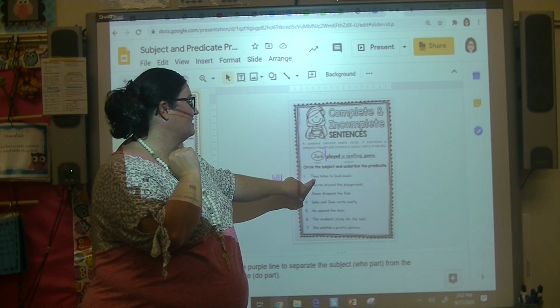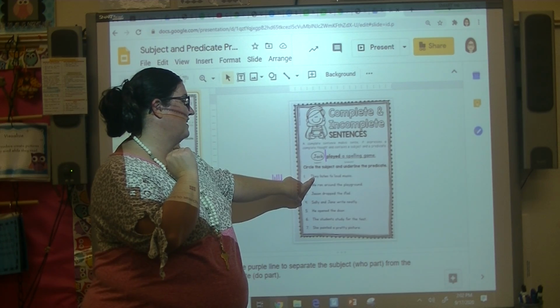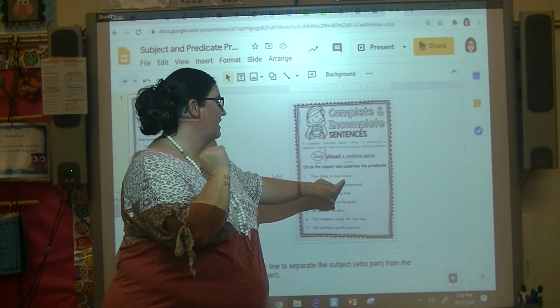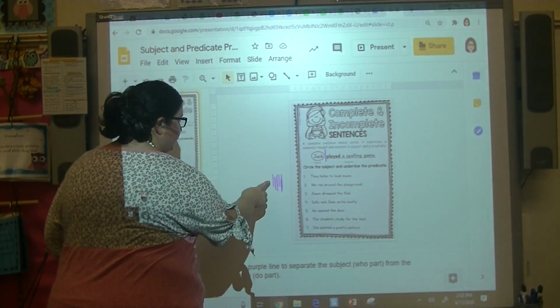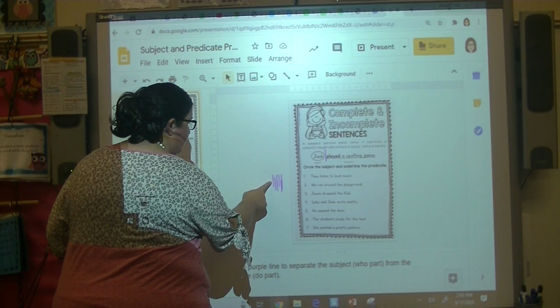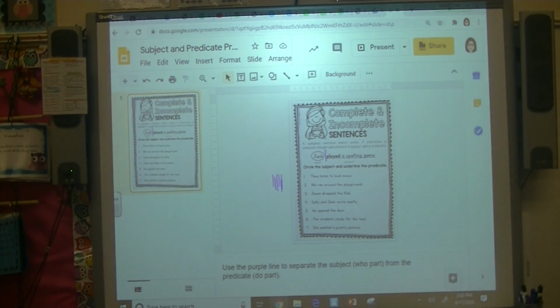So they is the subject, and what do they do? Listen to loud music. So I will take one of these purple pieces, like you're going to do on your computer, and drag it over and separate they from listen to loud music.